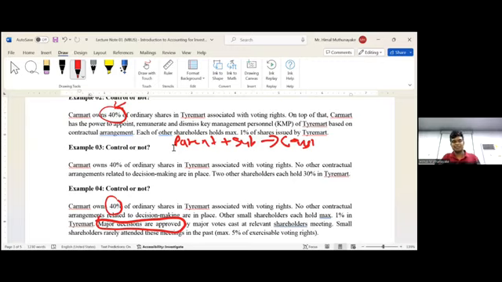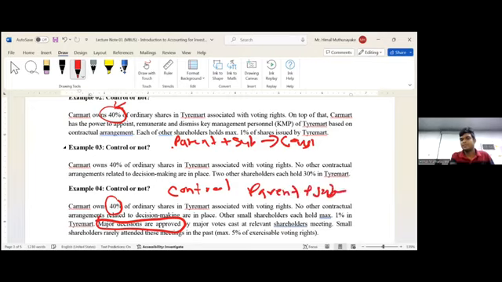Therefore, we can say Kmart has the controlling power over Tire Mart. That means you have the parent-subsidiary relationship, which means you need to prepare the consolidation accounts. Is it clear?